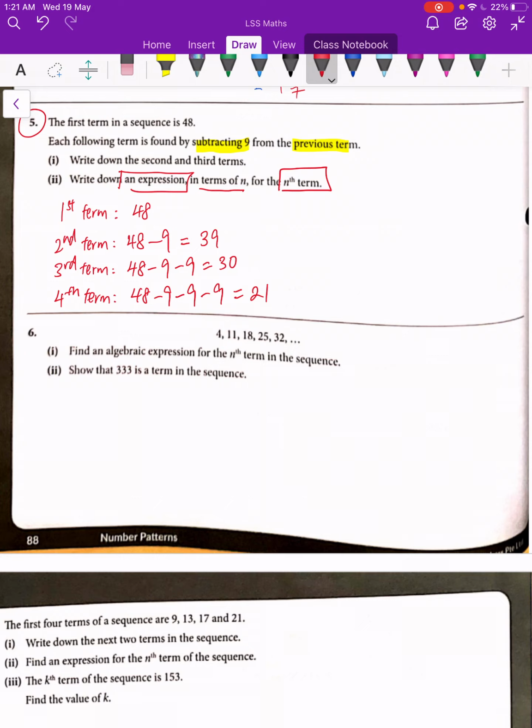In order for us to find this n term, the first tip I'm going to teach you is to rewrite every term to show a relation to the first term, 48. Let me use a different color.